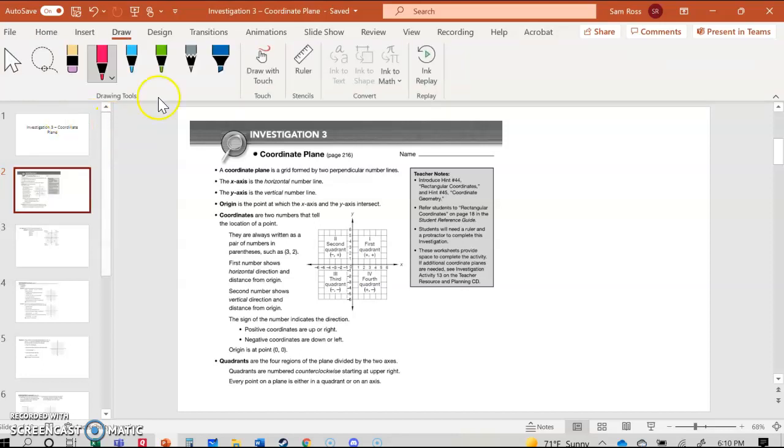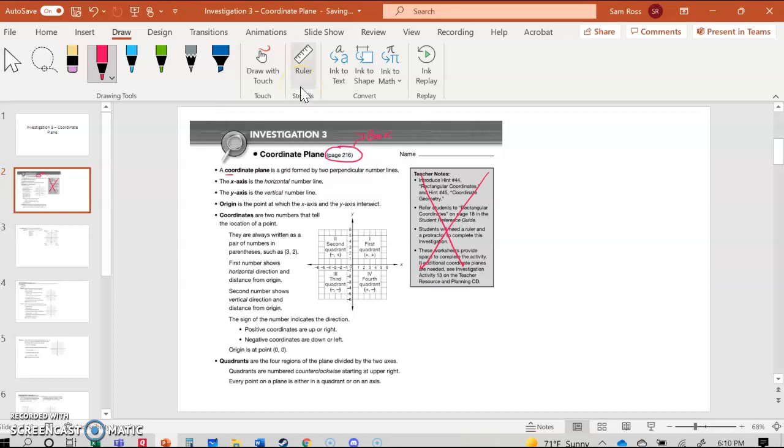There we go. Okay, this first page also gives you the page number in the book, which I suggest taking a look at. This first page has a lot of math vocabulary.